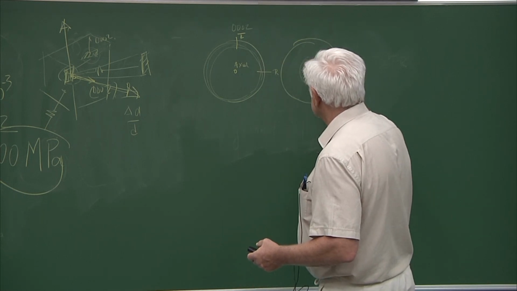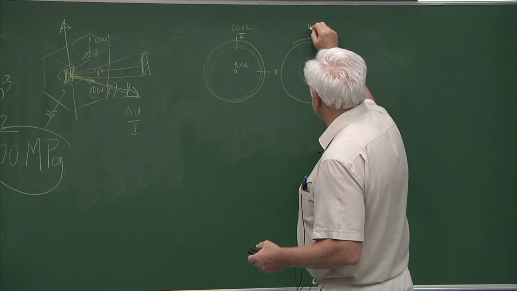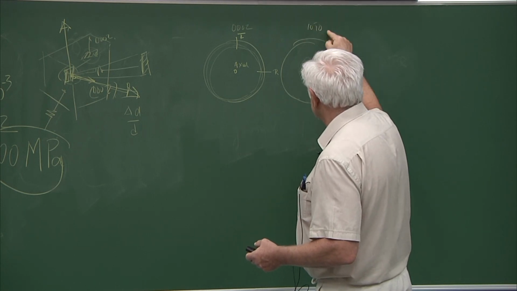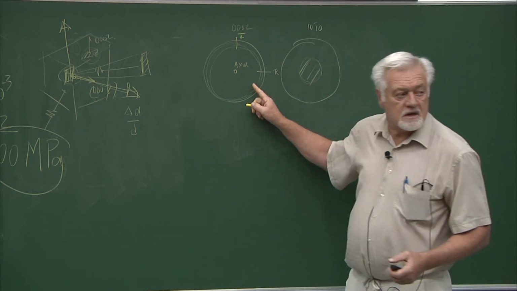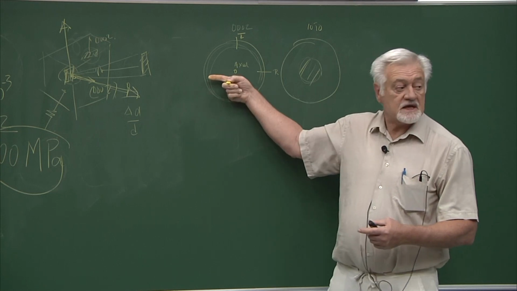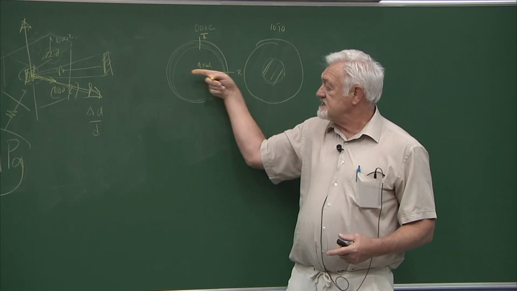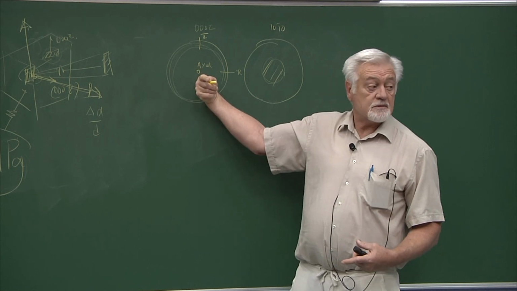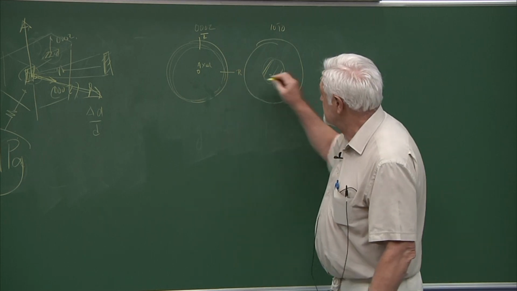I think we had something like this for the 112 and 110, the prisms, which makes sense, because if the z-axis is like that, the prismatic plane has to be perpendicular to it, so it falls over here. So this is the axial.